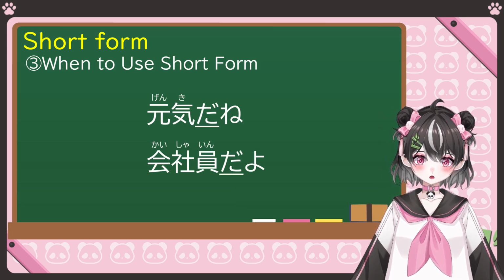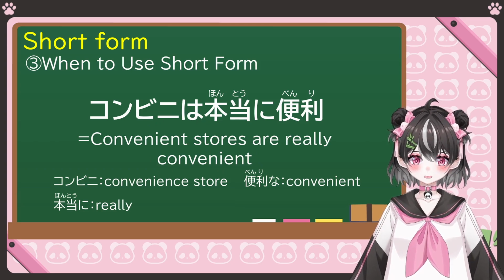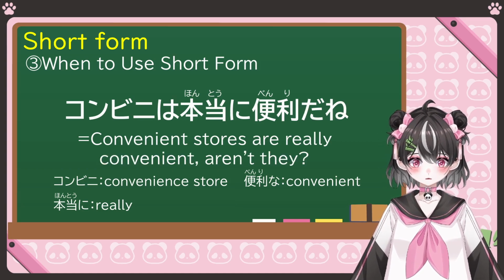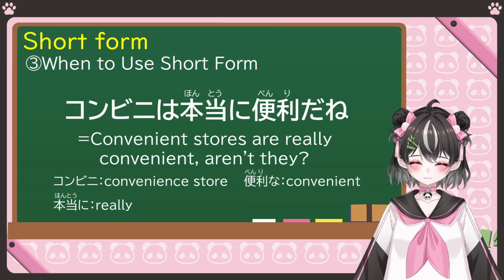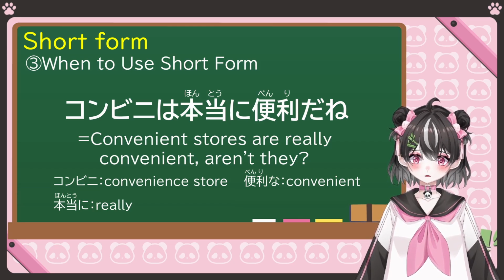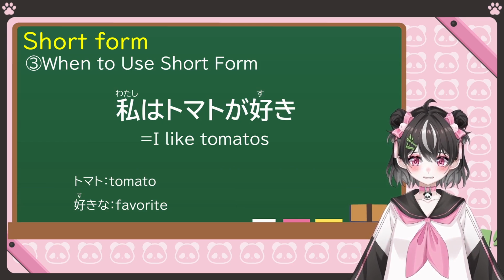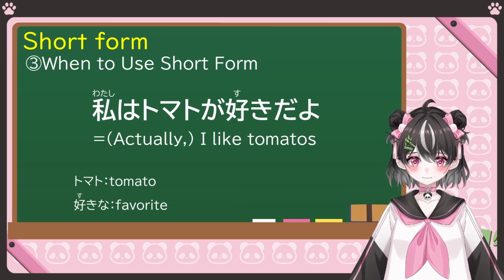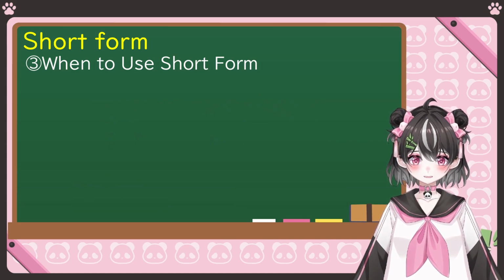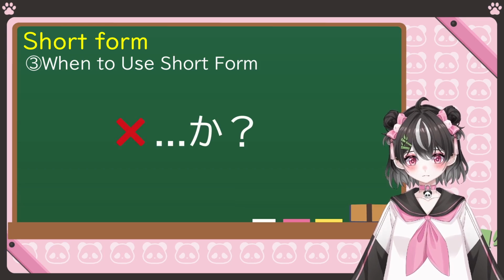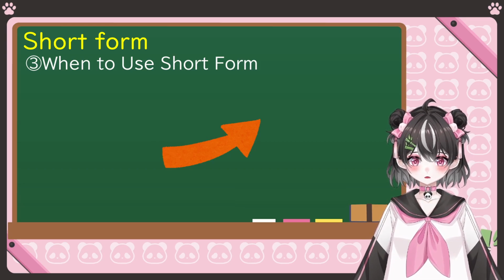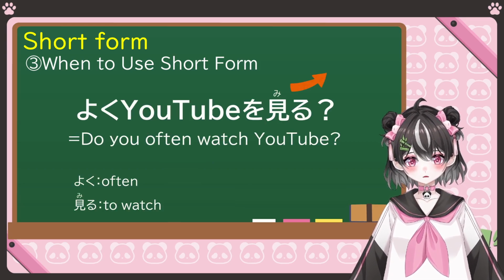For example, コンビニは本当に便利。コンビニは本当に便利だね。私はトマトが好き。私はトマトが好きだよ。When you ask a question, you don't use は。You just say it with a rising intonation. Like, よくYouTubeを見る?